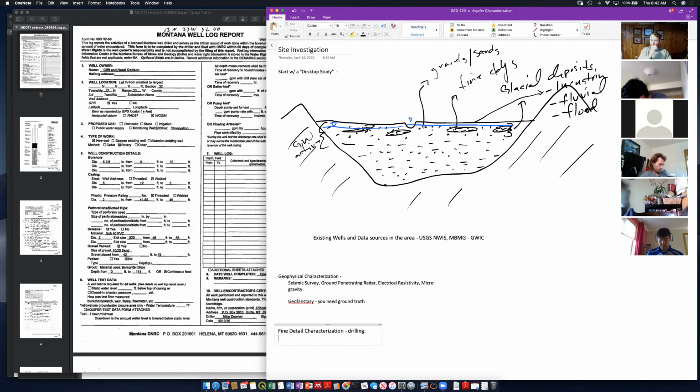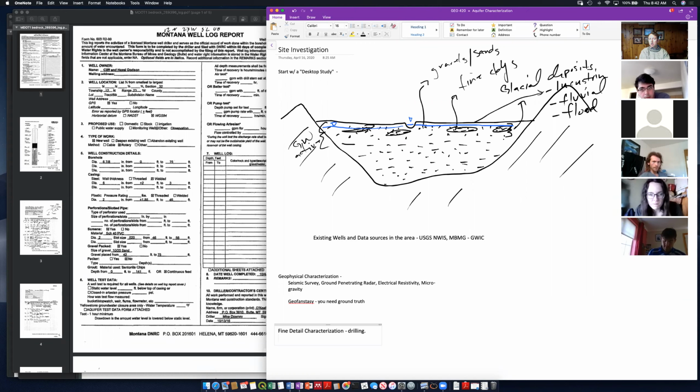All right, so here's the reason why you do all these other things before you drill. You can pretty much count on a water well, here we don't have to go very deep and we're not very far away from a reasonably sized urban center, so you're probably looking at $100,000 to $200,000 a pop per well.